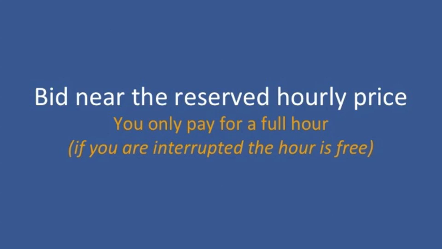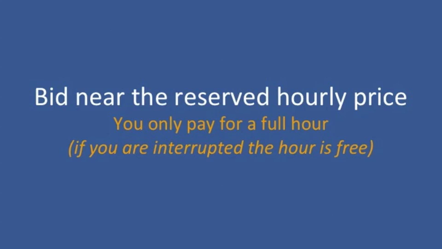Now there are customers that are able to accept a high degree of interruption that will bid very close to the bottom price or the market price at the lowest point, and they will accept interruption because they're ultimately getting extra resources for free as part of the process. So an extreme example, bidding near the reserved hourly price.